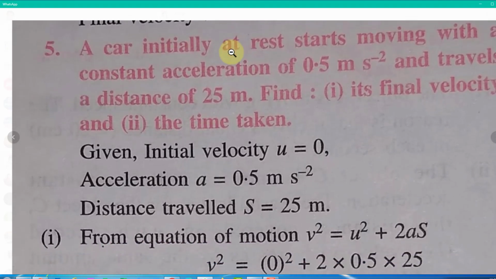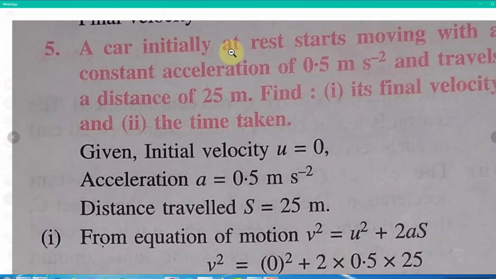Okay now children, so a car starts from rest. We already discussed, rest means a state when the body is not moving. So if a body starts from rest, its initial velocity will be 0. U will be 0.